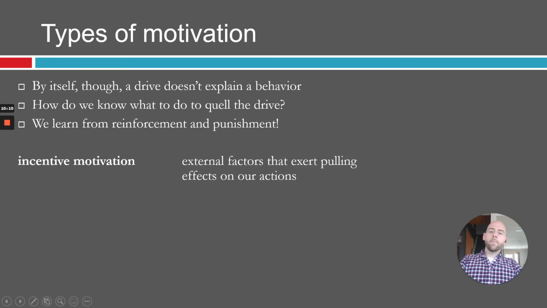So, a lot of motivations might be incentive motivations, that we have things outside of us that are leading us to engage in some particular behavior. And some of these things that have to do with drives overlap with this, but this is a much broader idea too, right? That, for example, trying to get paid for a job that you're doing.